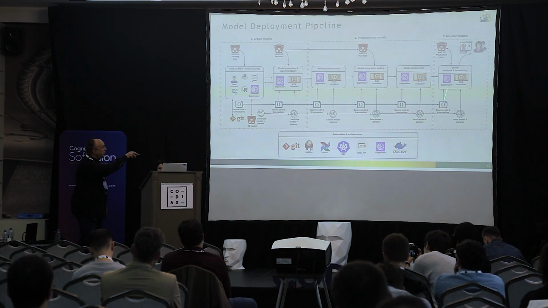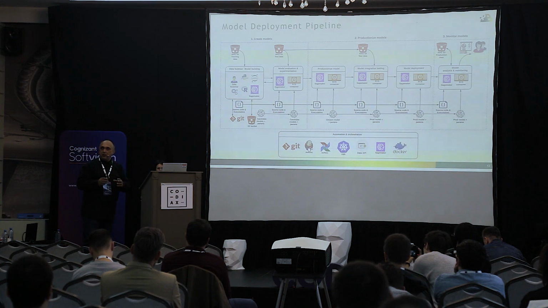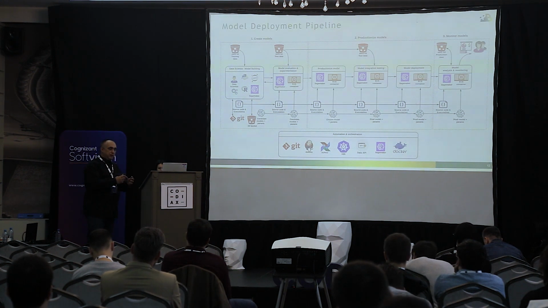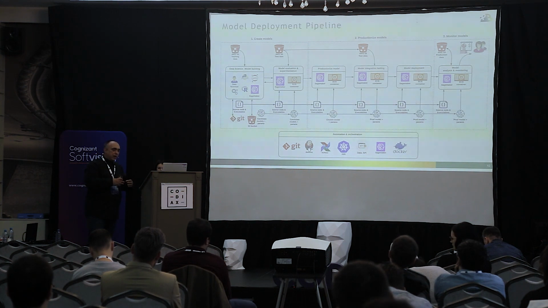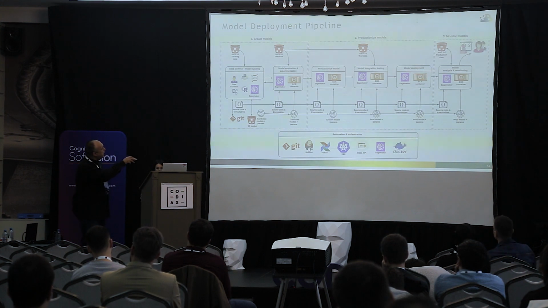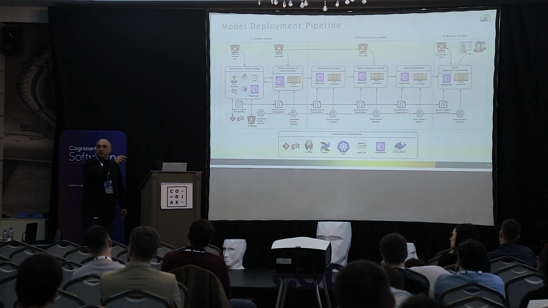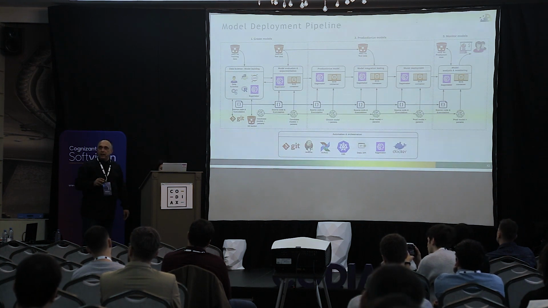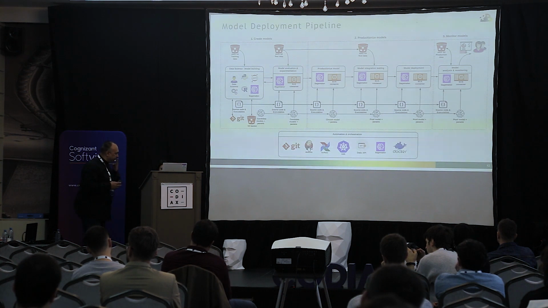So this is the block that tries to see how the model is performing. There are reports there that are analyzed, and the results are fed back into the first area. And this is how the life cycle of model development is closed.